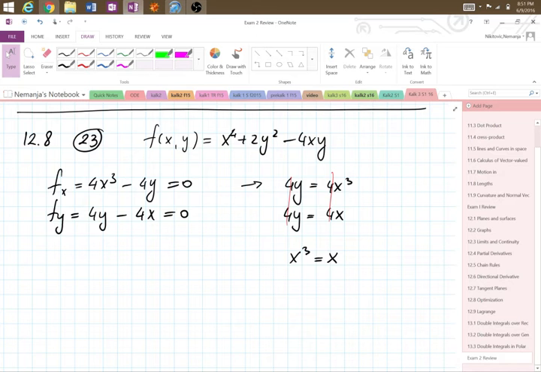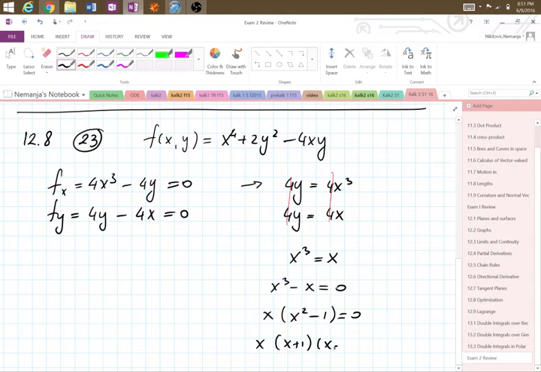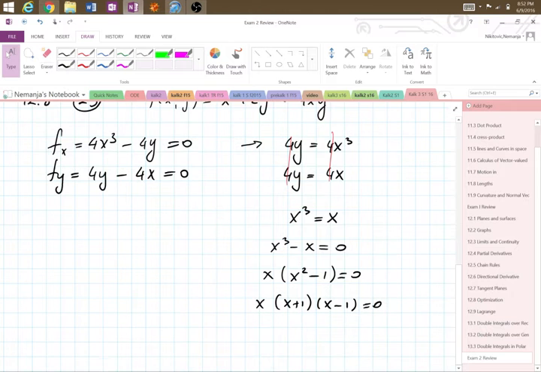You have to subtract x and then factor. So this is x cubed minus x equals 0. And then when you factor out x, you get x times (x squared minus 1) equal to 0. And then you have x, (x plus 1), (x minus 1) equal to 0, which gives you 3 solutions: x is 0, x is minus 1, and x is 1. If you divided by x, you would lose the solution 0.